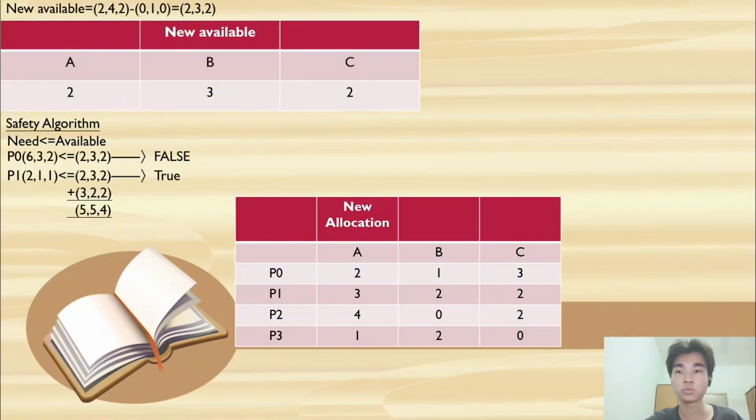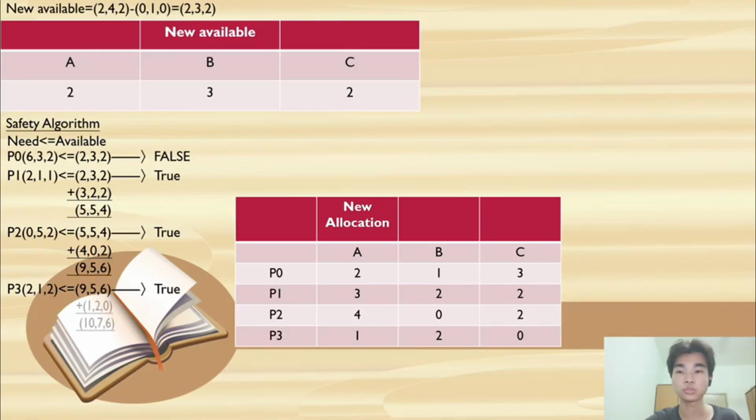So we plus 322. The answer is 554. P2 052 less than or equal to 554 is true, so we plus 402. The answer is 956. P3 212 less than or equal to 956 is also true, so we plus 120. The answer is 1076.